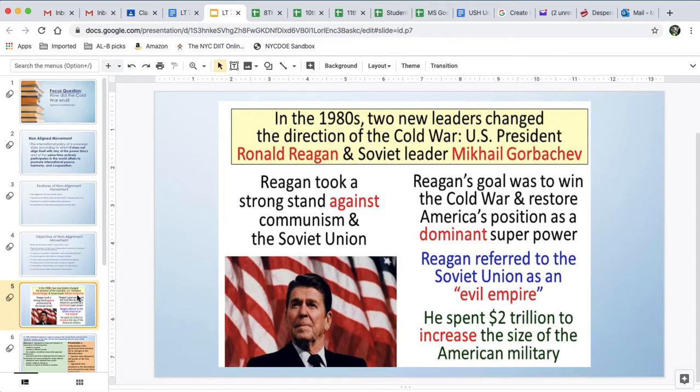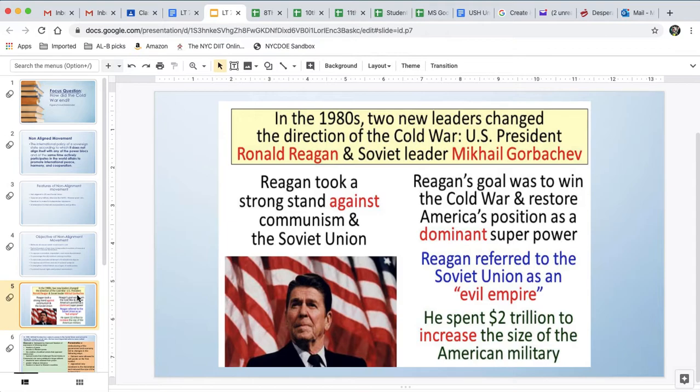On the flip side of that, you have the Soviet leader Mikhail Gorbachev. Gorbachev takes over the Soviet Union during a time frame where they're being devastated by the war with Afghanistan.